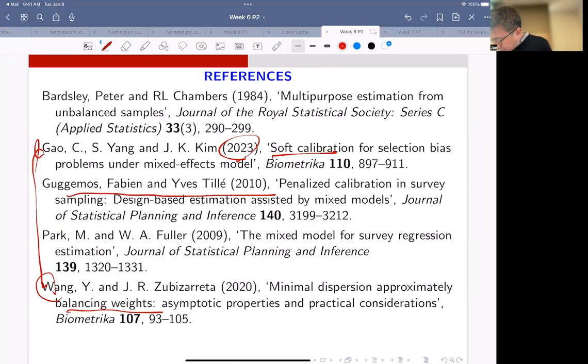And these two papers are about soft calibration in the context of survey sampling. You can see that survey sampling is earlier, but published in a less prestigious journal. If you write the same topic in terms of causal inference, you can publish it in Biometrika. But if you write it in terms of survey sampling, then you can probably publish it in JSPI. I'm just kidding.